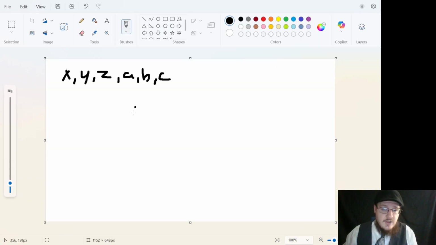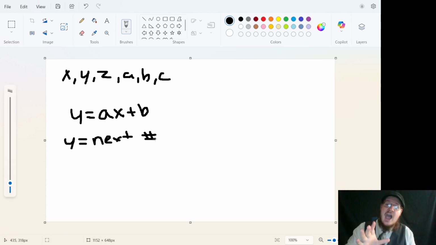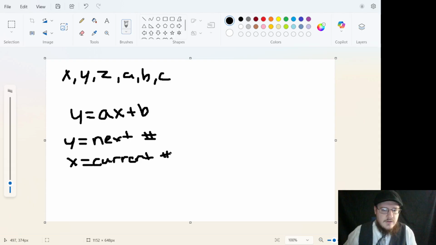So the equation that we're going to be looking at falls into this layout here of y equals a times x plus b. With the patterns that we're going to be looking at, our value for y is going to be the next number of our pattern, where x then is the current number of our pattern that we are looking at.